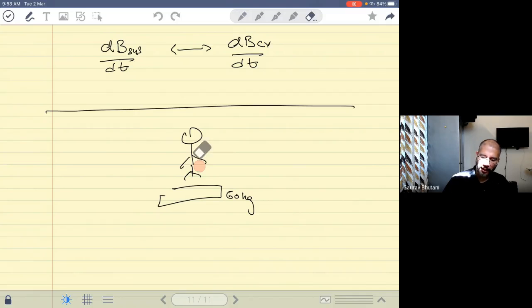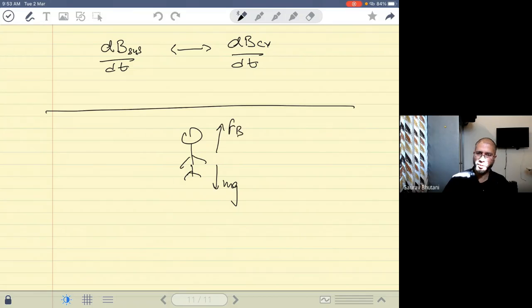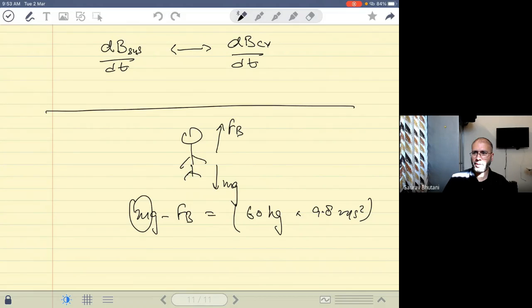So if you draw the free body diagram of the person, then there is an mg acting, and what we're assuming is that this mg is equal to 60 kg, but that is not the case. You have an mg and you also have a force of buoyancy because of the air around you. So it is actually mg minus force of buoyancy that is given as 60 kg times g. So what I asked you was to estimate the actual mass, which in this case is not 60 kg. It's going to be more than 60 kg.